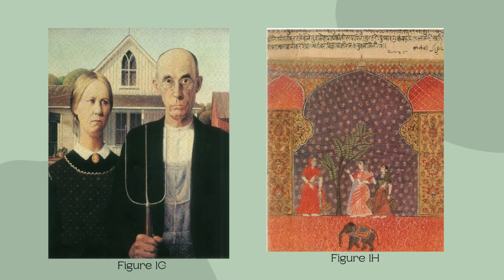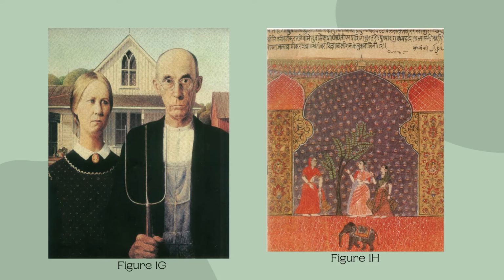By using formal balance, Wood gives the work a stiff, serious mood, but by switching to approximate symmetry rather than pure symmetry, he adds the nostalgic, folksy look.